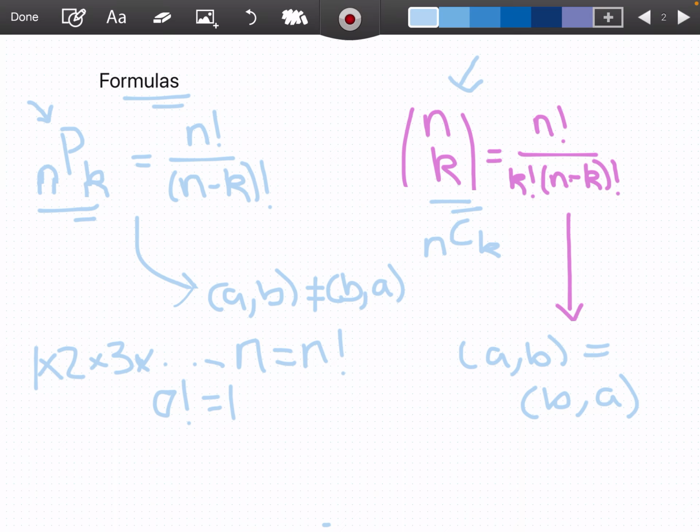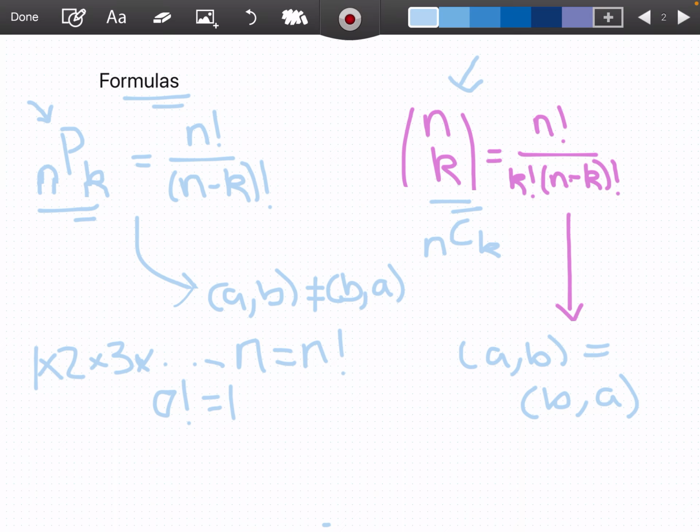Okay, so there is one thing that we should notice here, and we see that 5 choose 2 and 5 choose 3 are really the same because of the symmetry in the denominators, right? 2 factorial times 3 factorial is really the same as 3 factorial times 2 factorial.